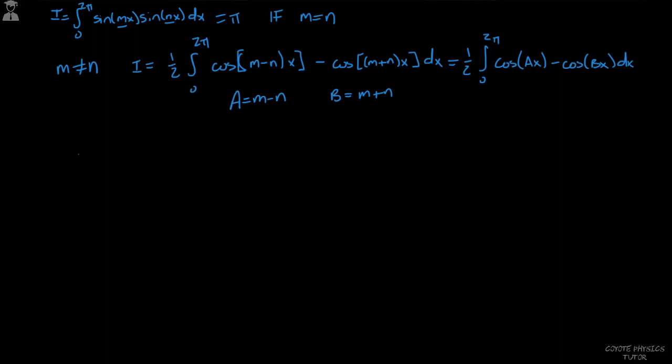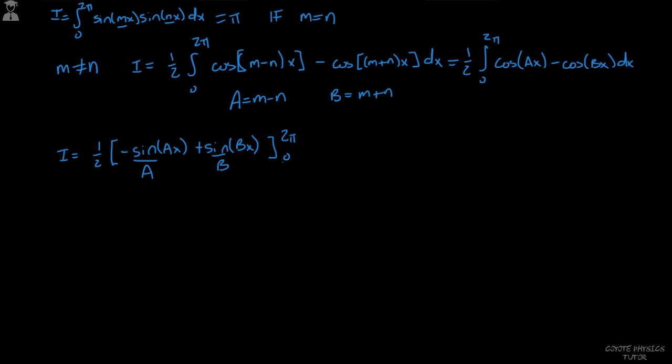And then that's pretty easy to evaluate. So we get a 1/2 negative sine ax plus, because that's a minus cosine, we get a plus sine bx, and I can't forget to divide by a and b.